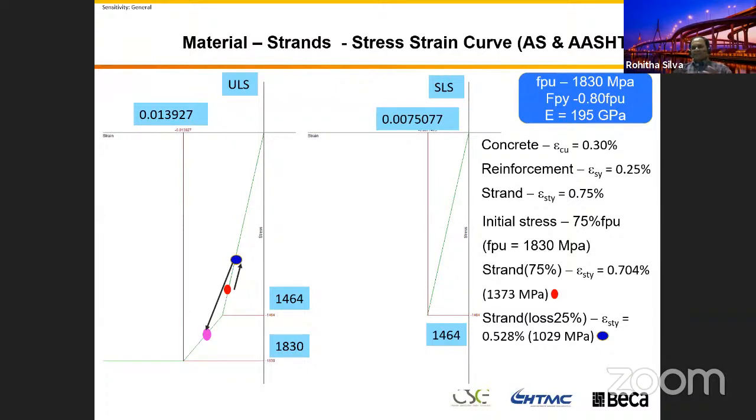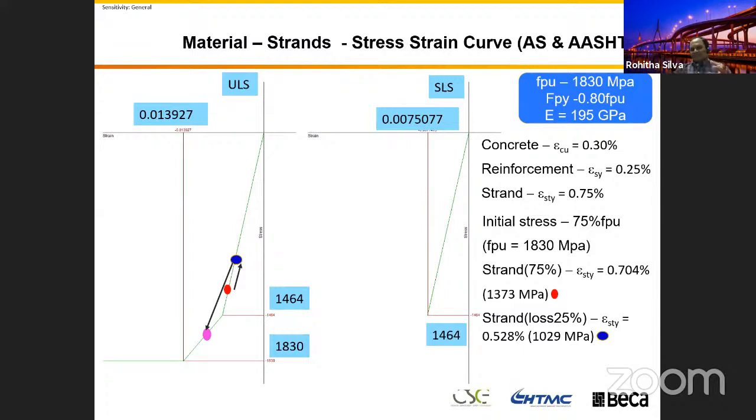Then after that, because of the creep, shrinkage, all this relaxation, the stress in the strand goes down, we call it pre-stress loss. If it is a 25% loss, over time this stress level will go down from 75 initially to approximately 53%. Then the stress level will be 129. Now this is your stress level in the concrete, and this is your strain level.